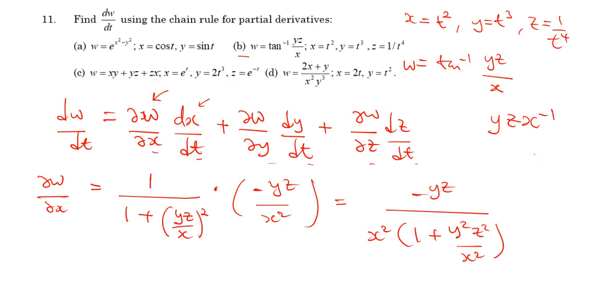This is what I'm going to get here. But if I multiply the x squared throughout, it will cancel. So you just end up with negative yz divided by x squared plus y squared z squared. This is what I get.